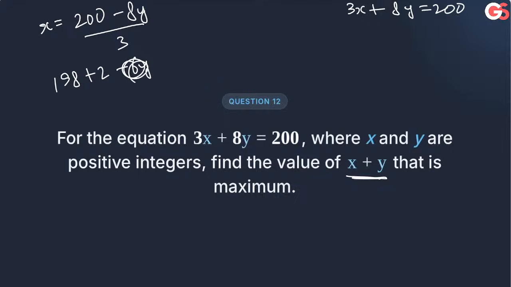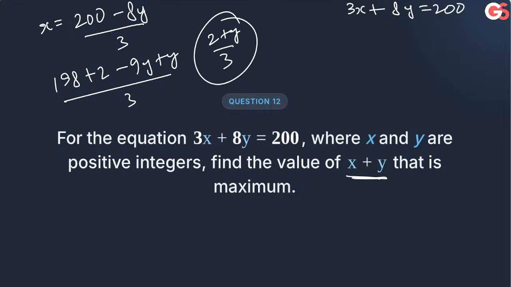I can write minus 9y plus y upon 3. You can write this as minus 6y minus 2y. Yes, Ankit, minus 9y plus y, it depends on what you want to get. Negative remainder, positive remainder, that's all. So (2 plus y) upon 3 has to be an integer. That means y equal to 1. So y is 1.